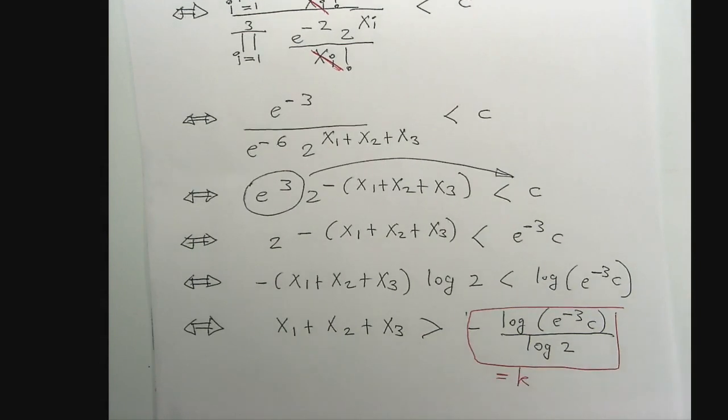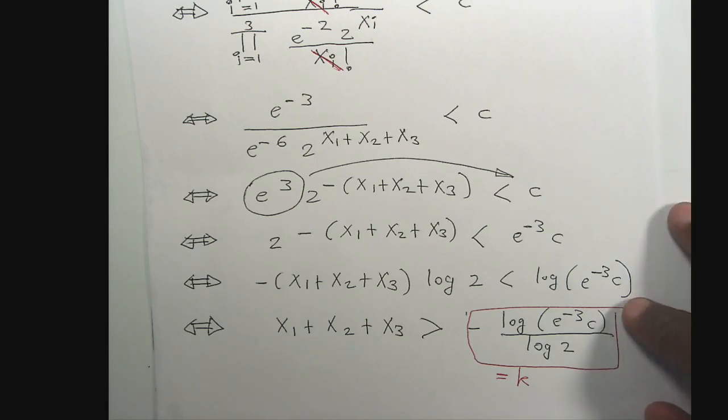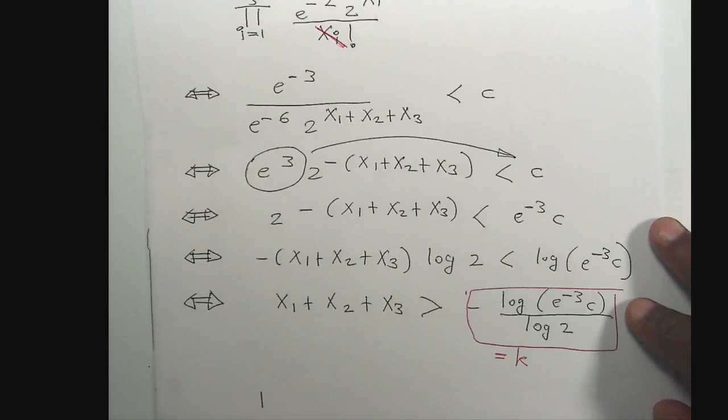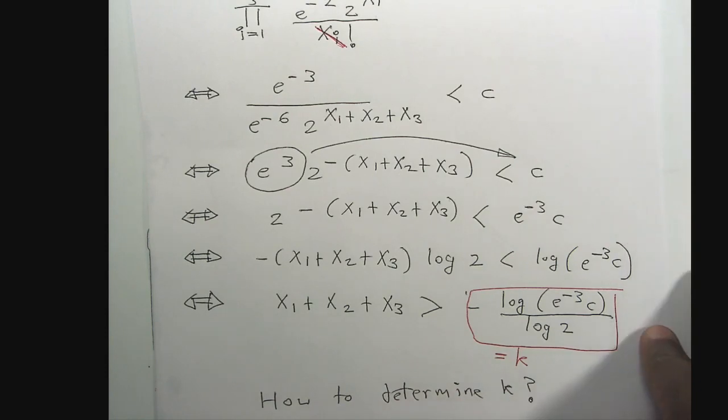So the rule for rejecting the hypothesis is that the sum of the three observations is greater than a constant K. Now the next step of the question is to determine the value for k, right?